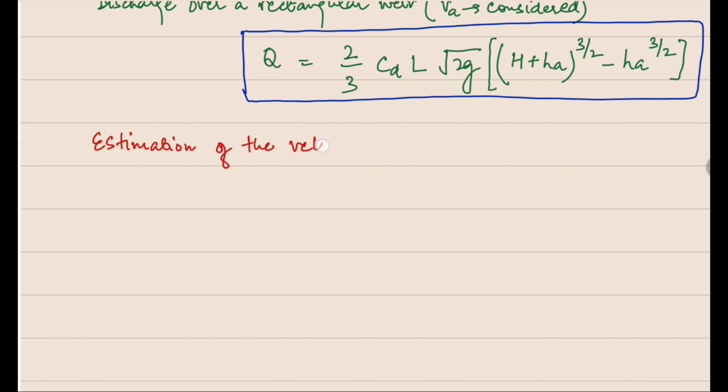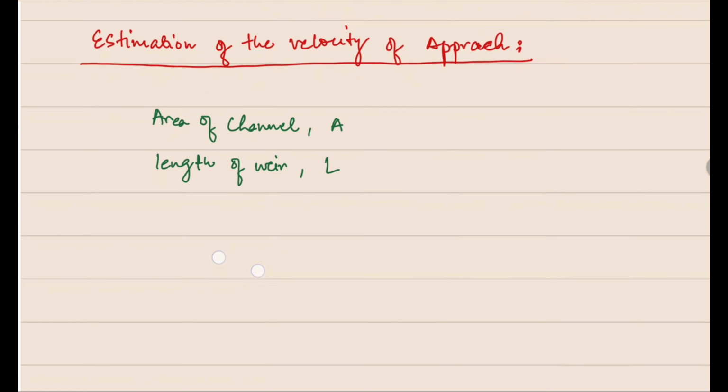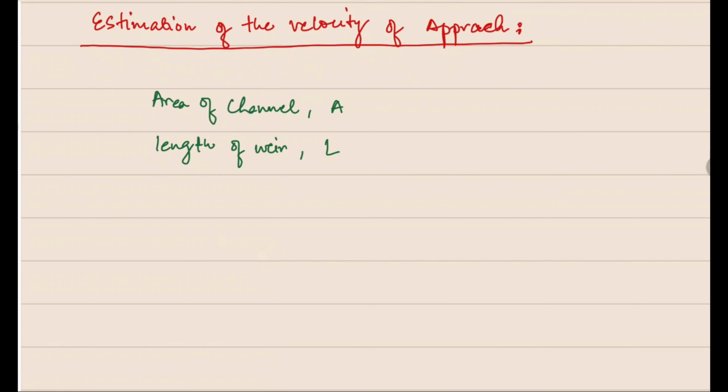So let's say the area of channel is A. And similarly, length of weir will also be known to us. And similarly, head over the weir will also be known to us because we can measure it.